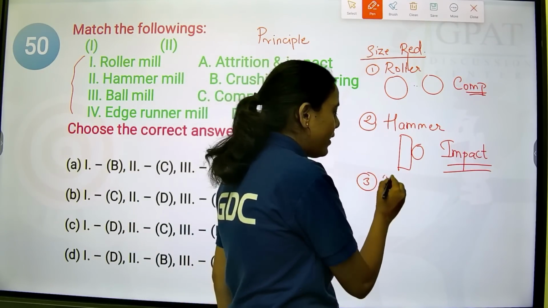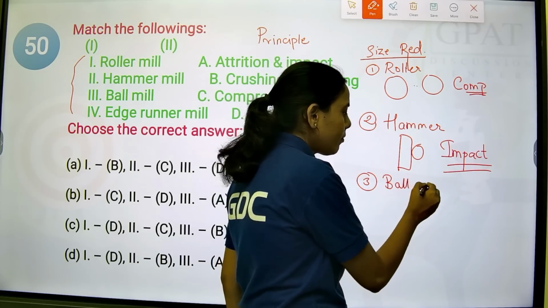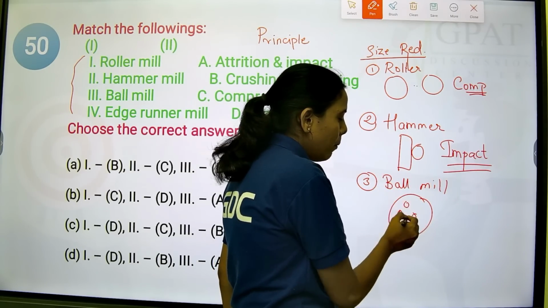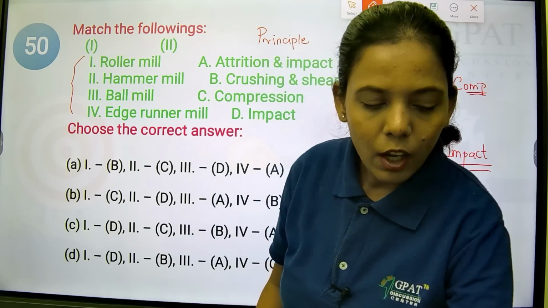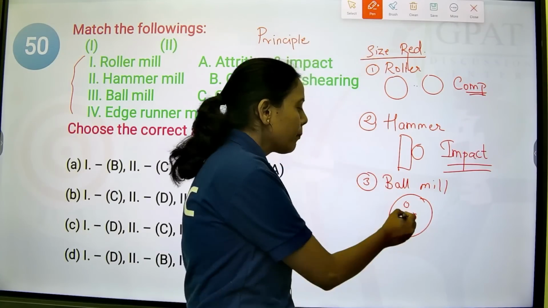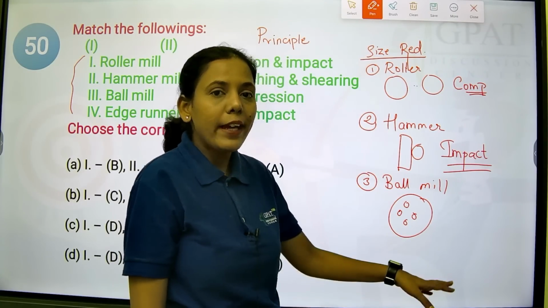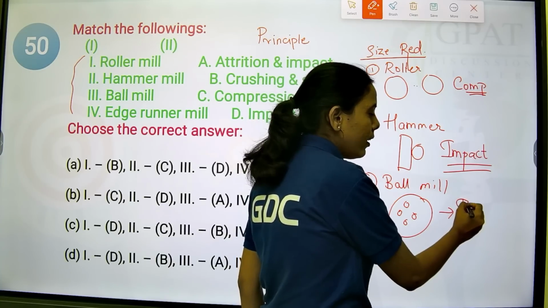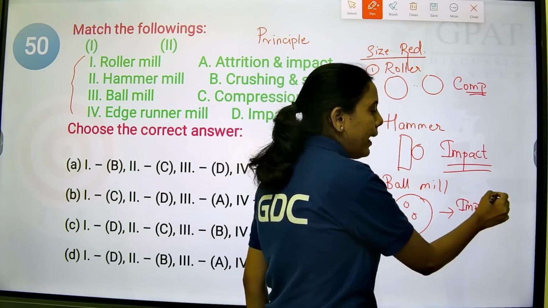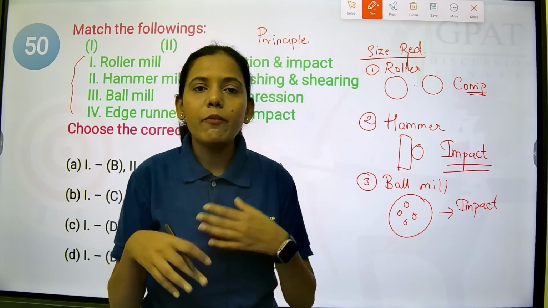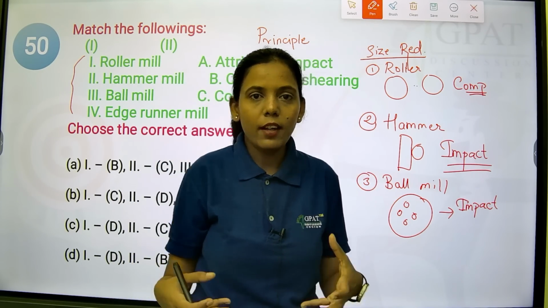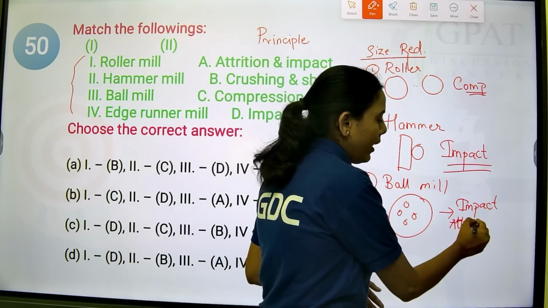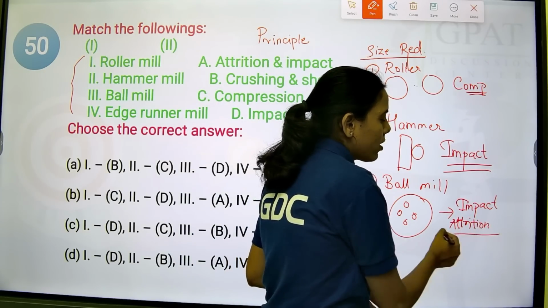Now in the case of a ball mill, small balls will be present here. When particles strike the balls, it causes impact, where the ball behaves as a harder surface, and when balls roll over each other, it also causes attrition.